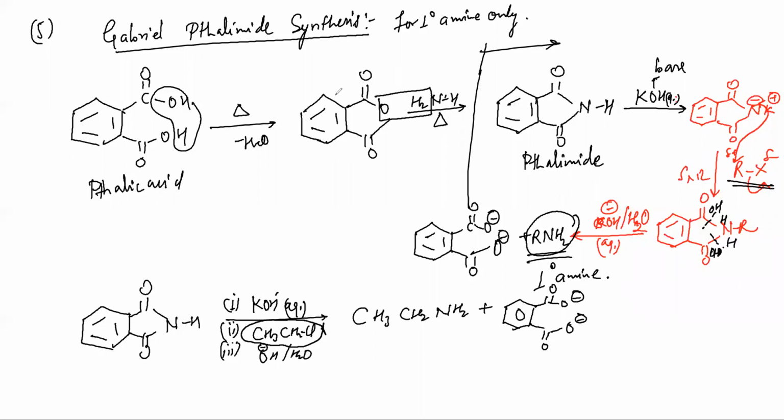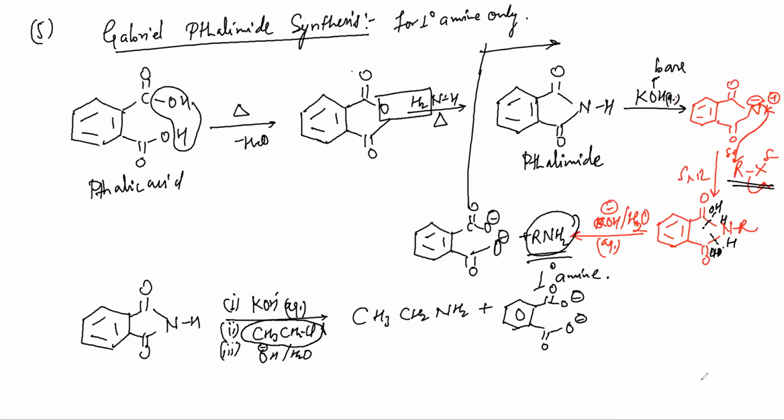Let's move forward. I hope you have written. Now next, sequence wise, it will be 6: reduction of isocyanide.